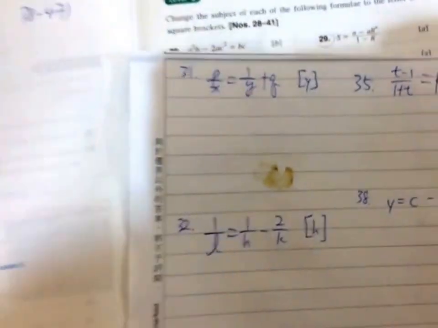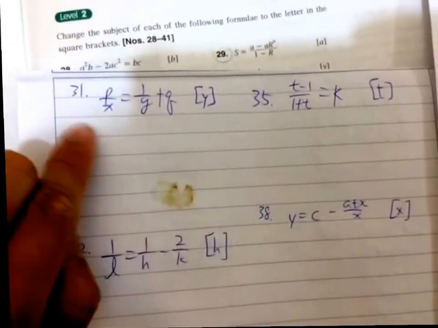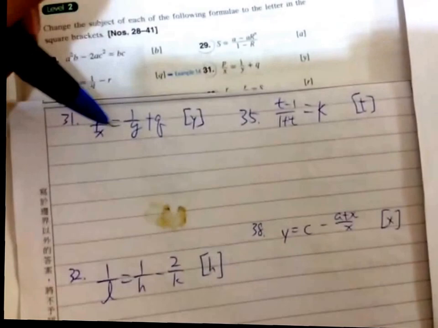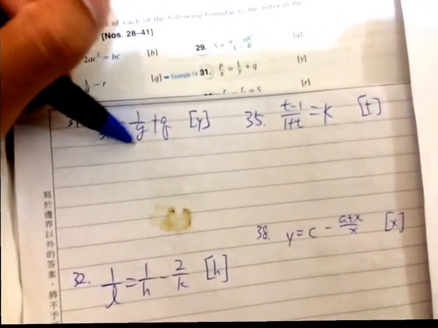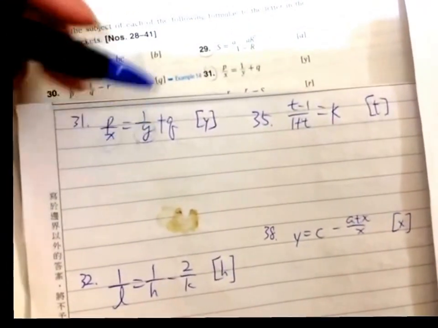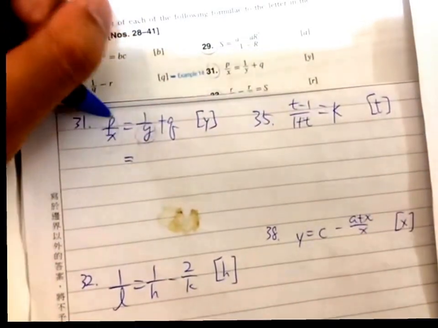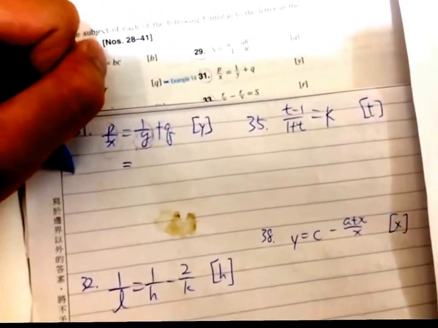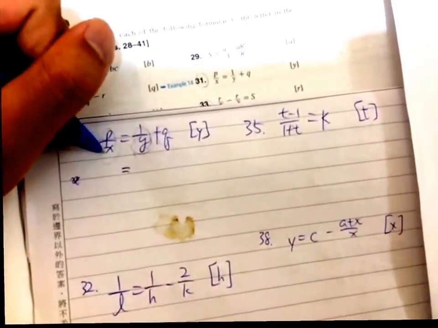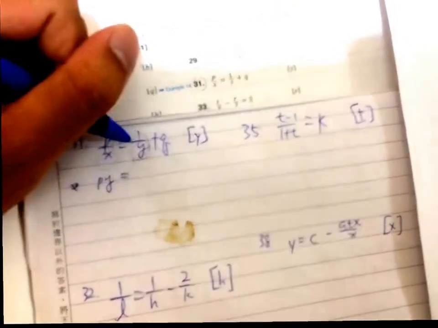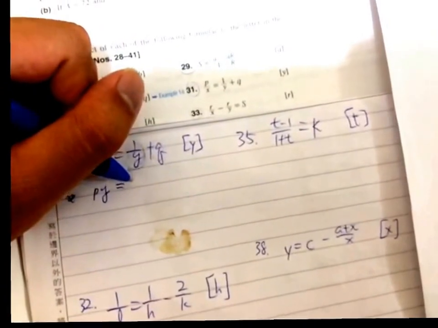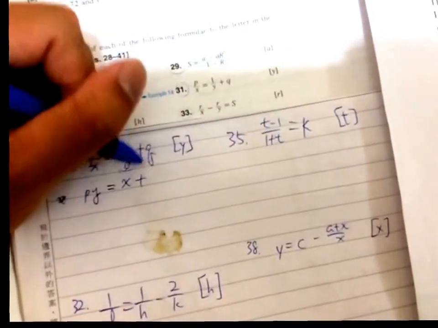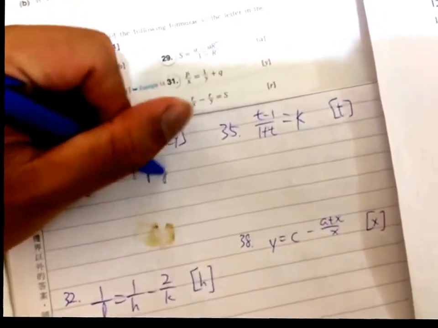Number 31. Fractions on these two terms. The denominator of each is x and y, so the LCM of x and y is xy. If you multiply 3 terms by xy, xy over x is y, so py, xy over y is x, plus q times xy is qxy.